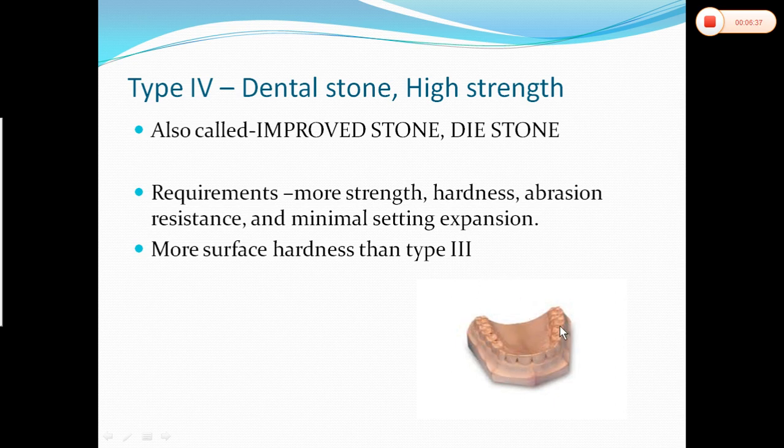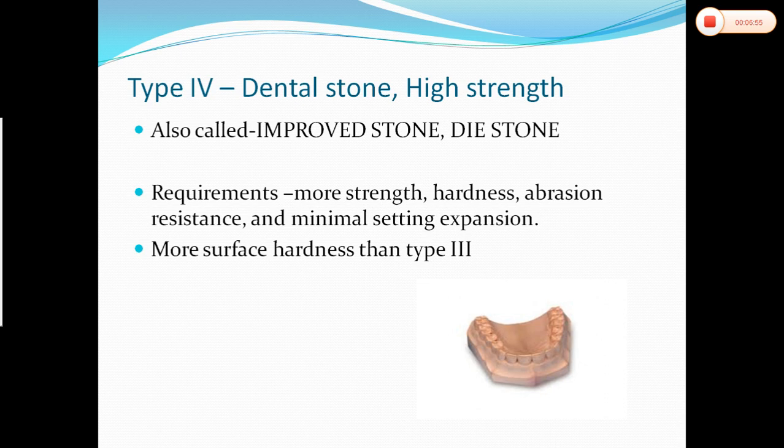This is used for making a die. A die is nothing but a positive replica of a single tooth. On the die, they will add wax and shape the wax with a sharp instrument.